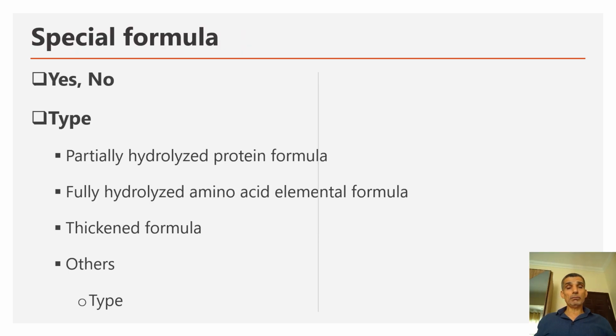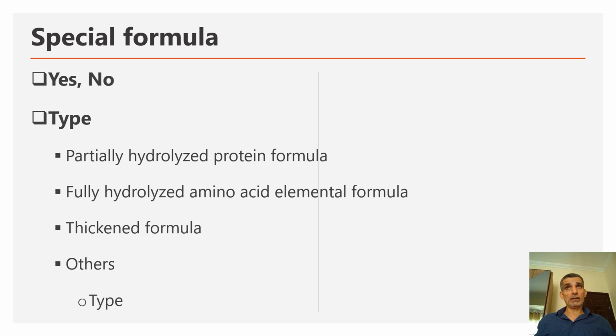And then we go to details. We decided about breast milk and additives and fortifiers, but also you need to decide: are you using a special formula? You need to say yes or no. And if it's yes, then what type of special formula? There are many types of special formula for rare problems, but more commonly used are partially hydrolyzed protein formula that is used for certain cow's milk protein allergy, or fully hydrolyzed amino acid elemental formula, or thickened formula if we have regurgitation.